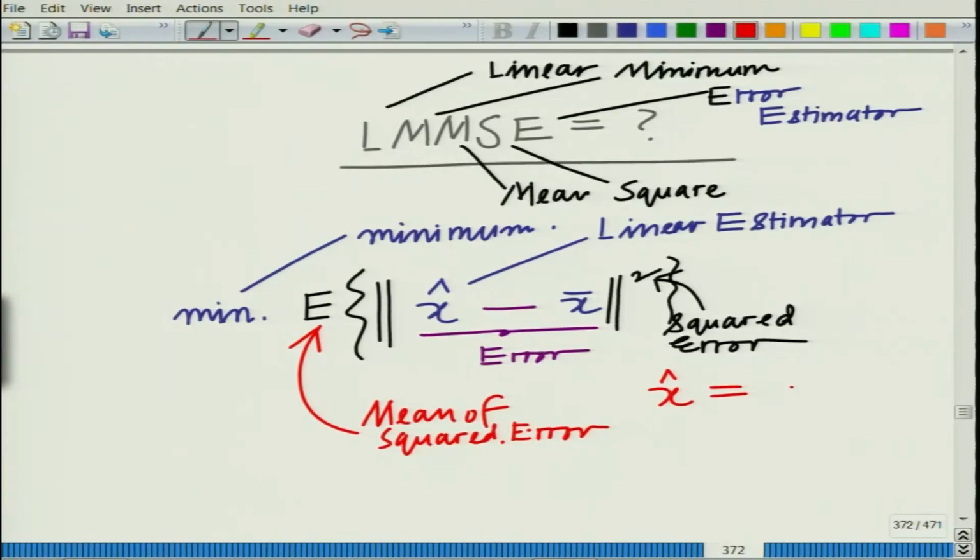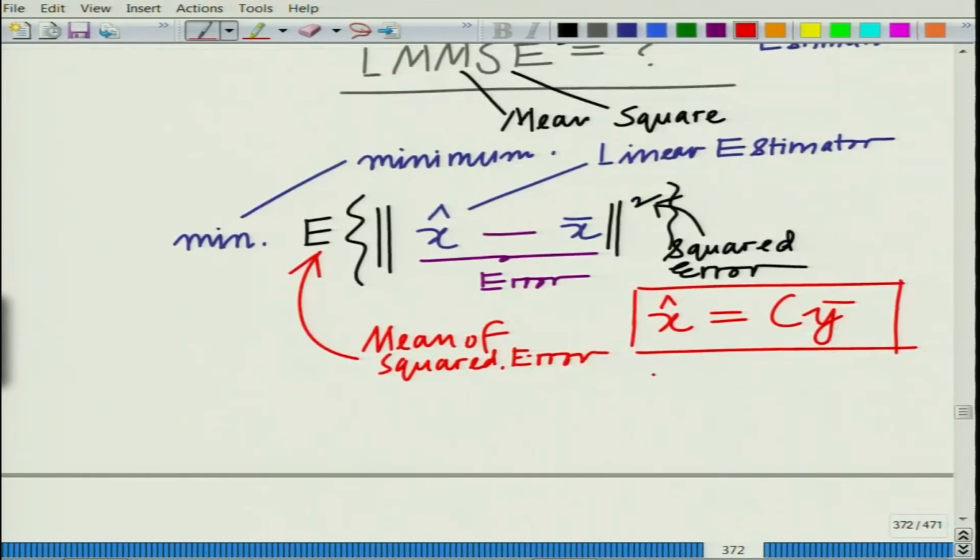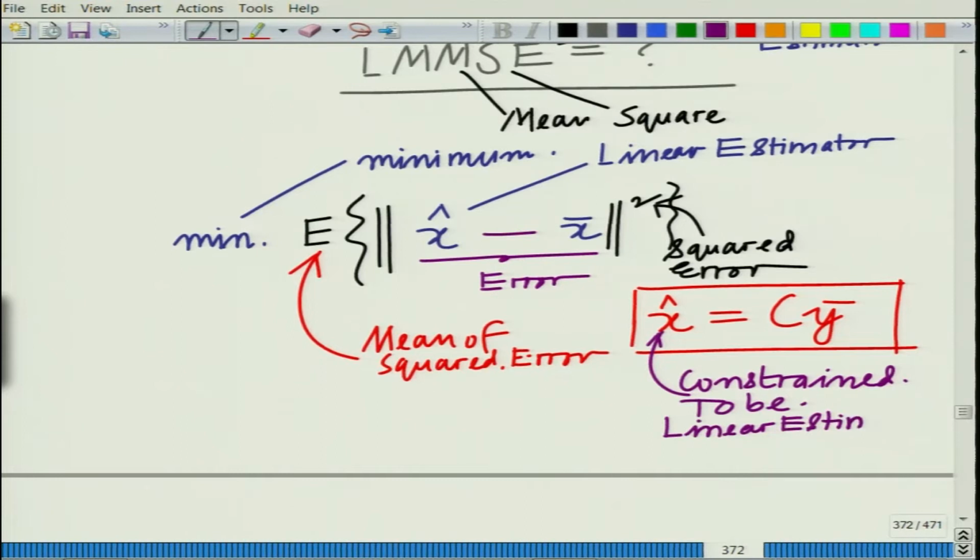Now, the important condition here is that x hat equals C y bar, that is, x hat is essentially a linear estimator. X hat is constrained to be a linear estimator.